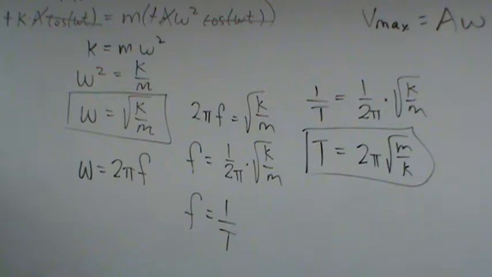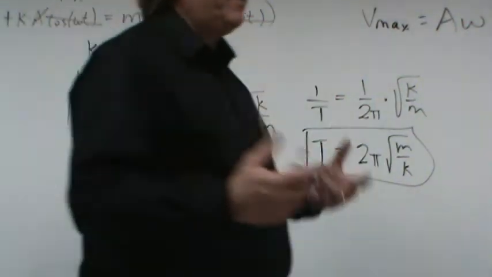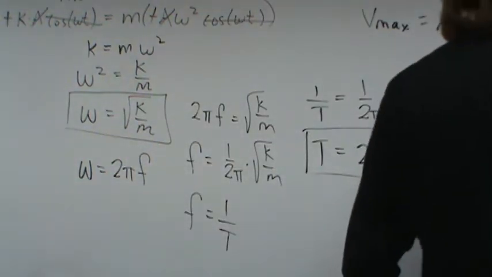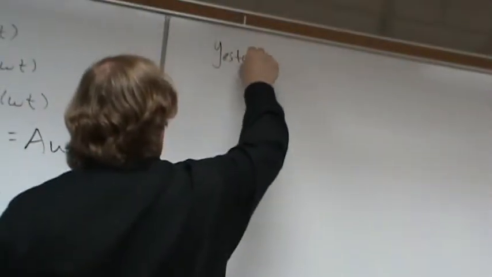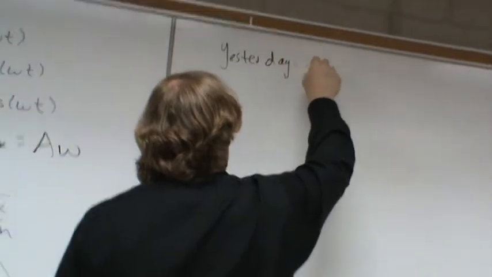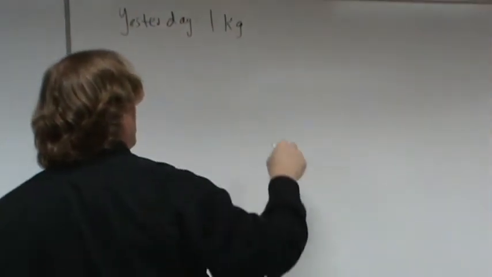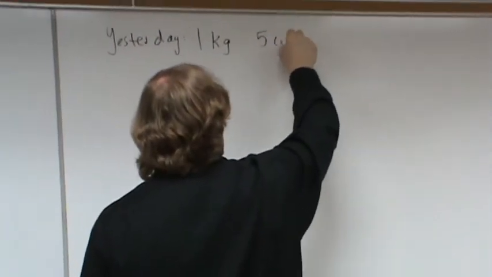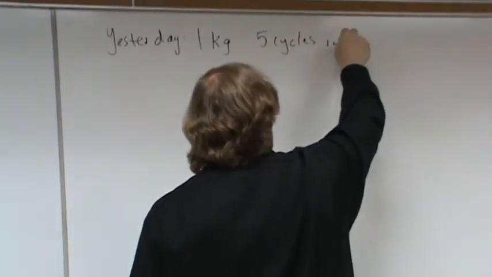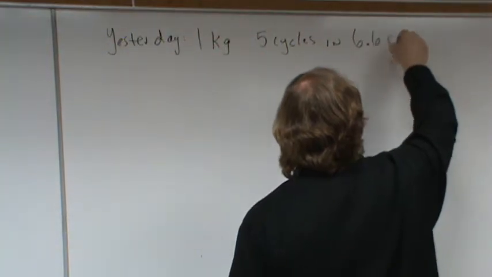You ready to do a problem? Good. I saw some expressions of yesness. So here we go. Do you remember yesterday? I had a 1 kilogram mass on that spring, and it ended up doing 5 cycles in 6.6 seconds.